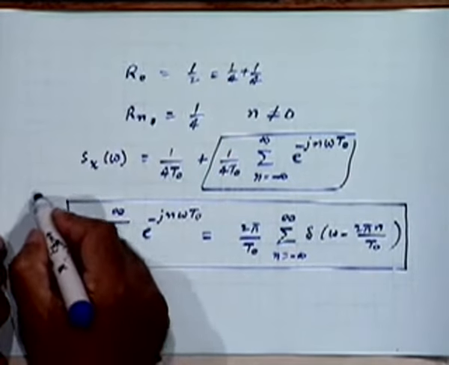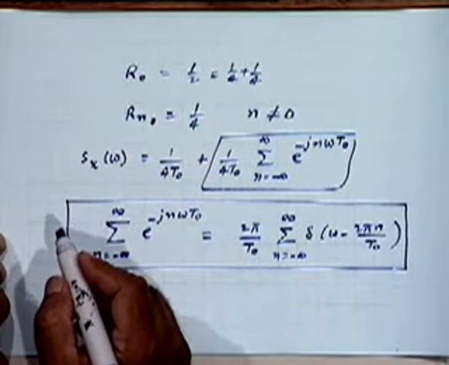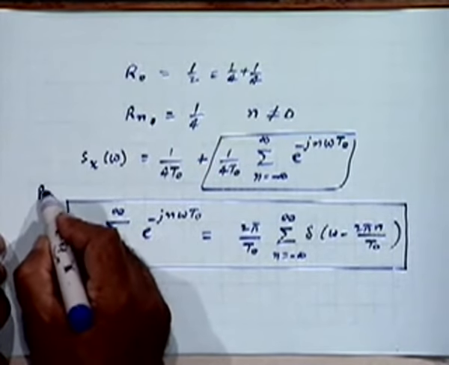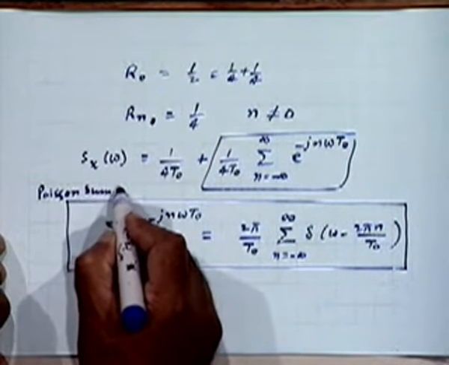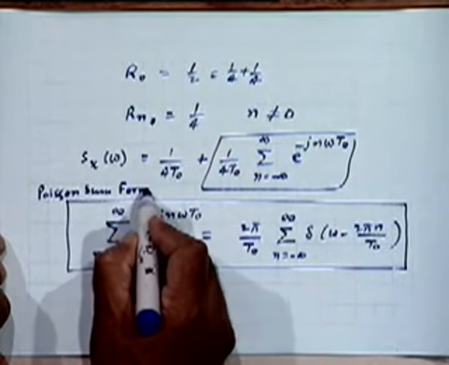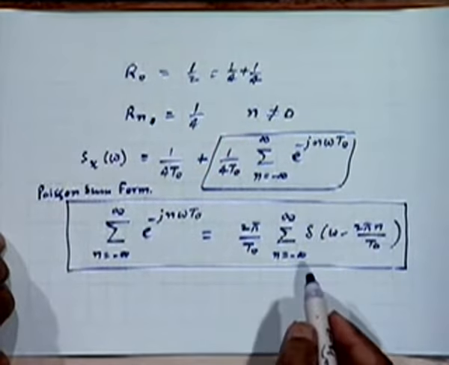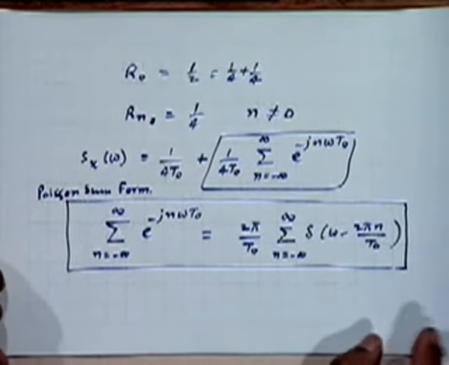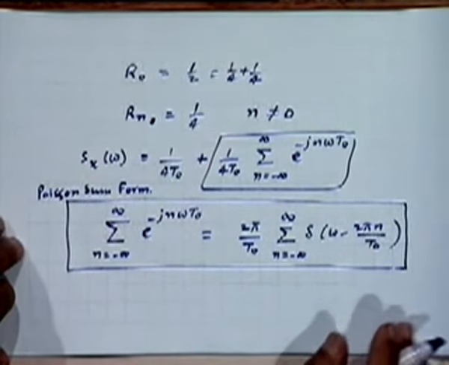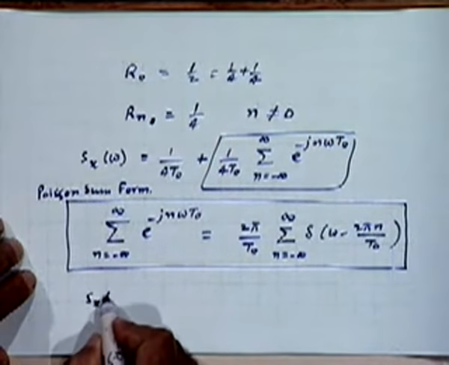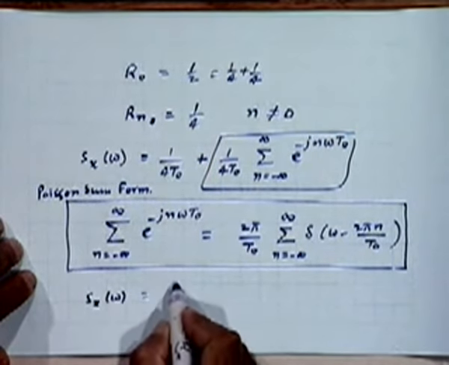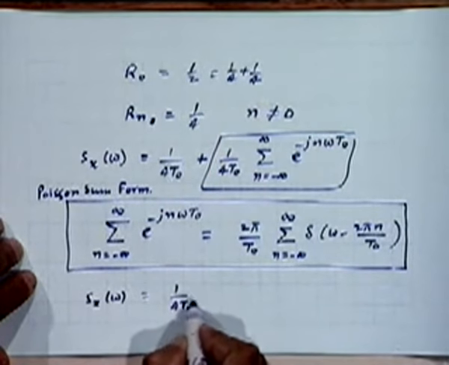This is one of a class of formulae known by the name of Poisson sum formulae. Very easy to prove by just looking at the Fourier transform properties, and we shall use that here to get Sx omega equal to 1 by 4 T0.